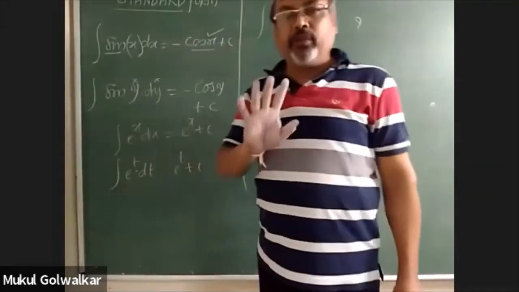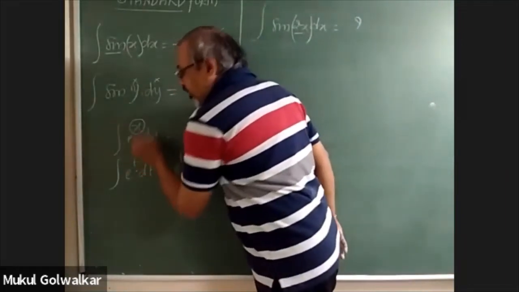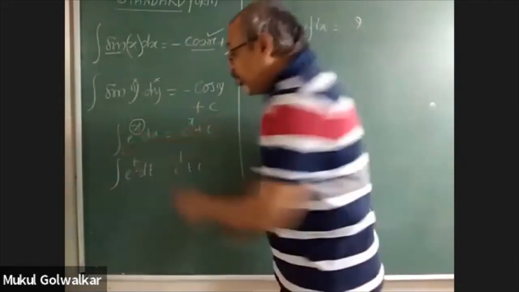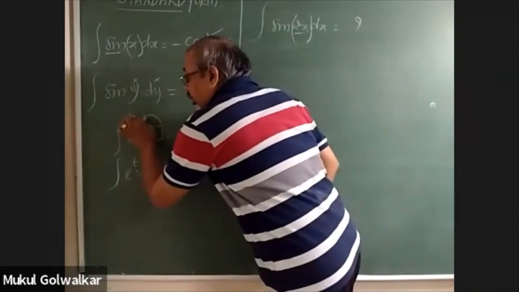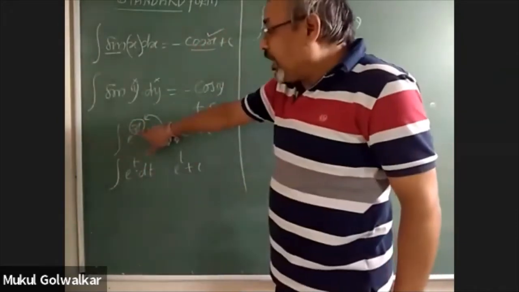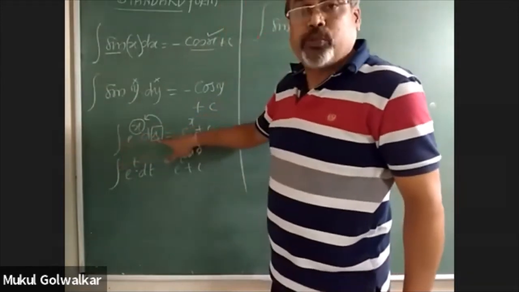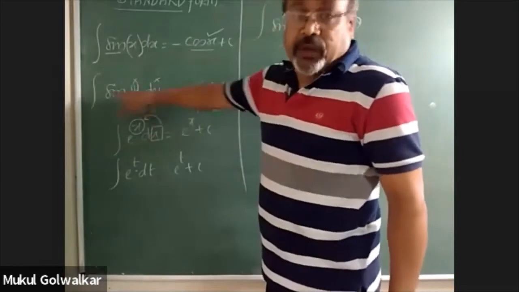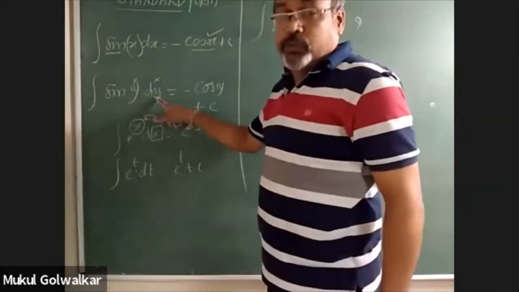Only one thing we have to make sure, that the variable which is present in the function, the entire function should be integrated with respect to the same variable. Means if x was the variable present in the function, then integration should be performed with respect to x. If y is the variable present in the function, then integration should be done with respect to y.